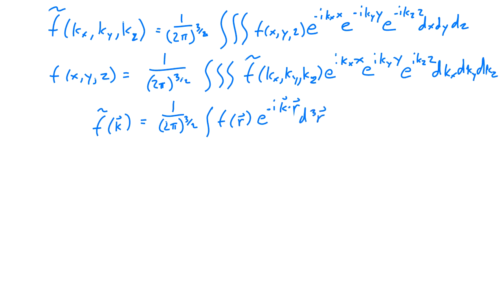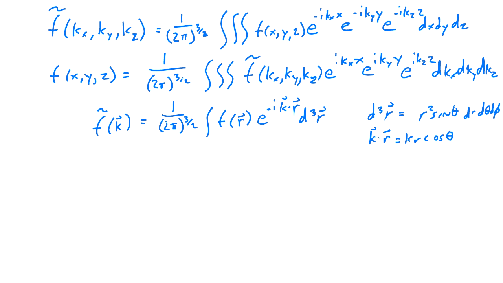It looks a lot simpler, but there's a lot more involved in it, because this integral is equal to r squared sine theta dr d theta d phi, and also the k dot r term is equal to k r times the cosine of the angle between them.